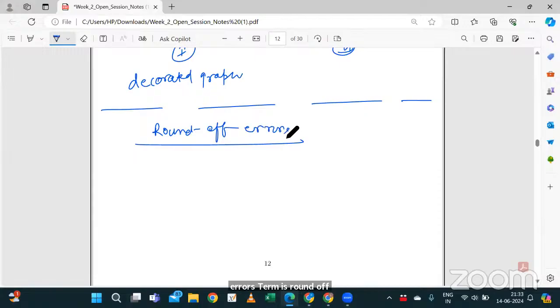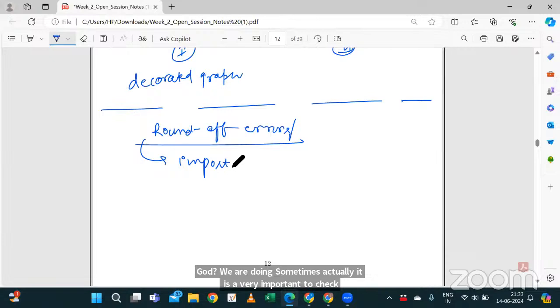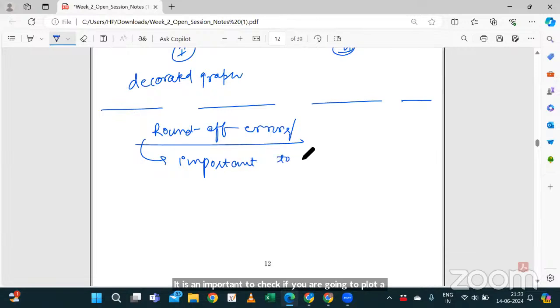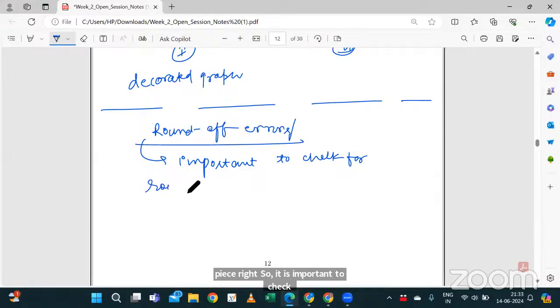So what is the meaning of round of errors? It's important to check for round of errors if you are going to plot a pie chart. I will explain in a minute what I'm trying to say.